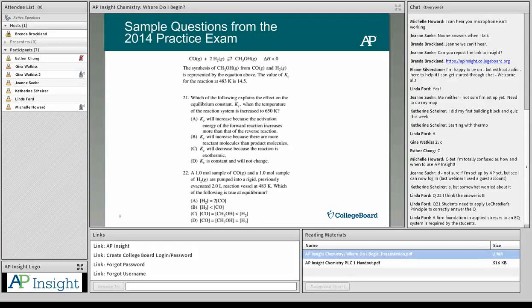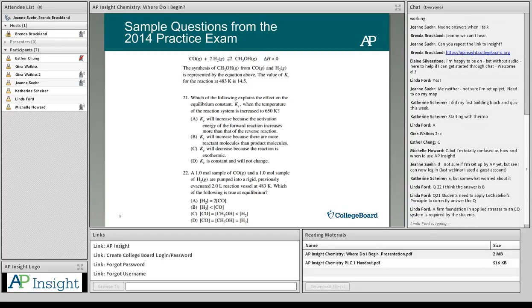You have 1 mole of each, and then you pump it into a 2-liter vessel, what's going to be true? So you started with a mole of each, but the ratio in the balanced equation is 2 hydrogens to 1 carbon monoxide. Mm-hmm.